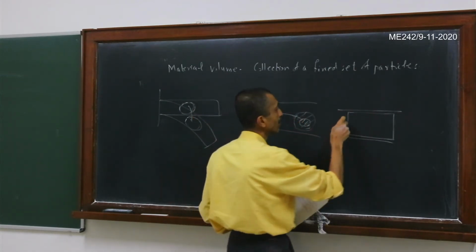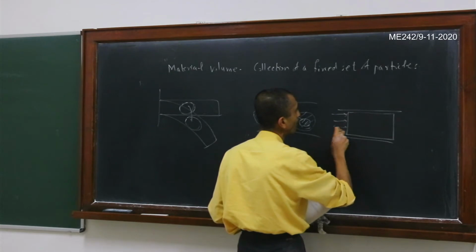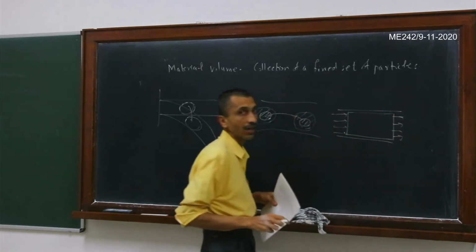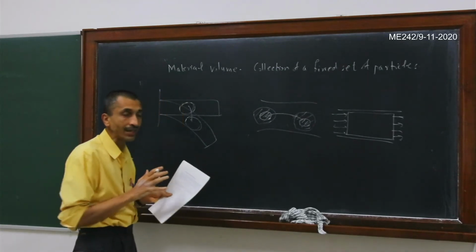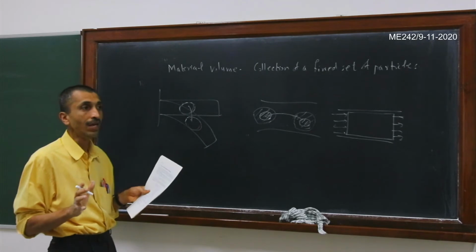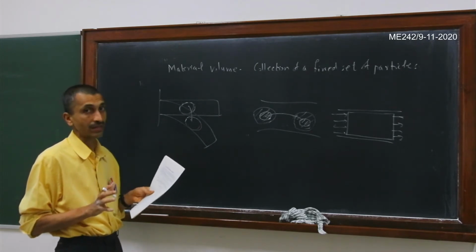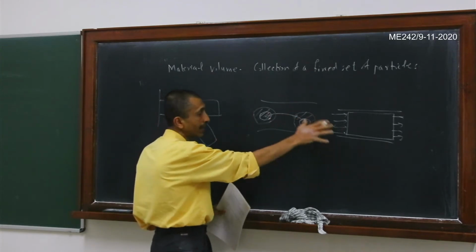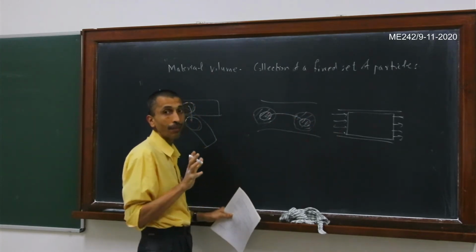So that means we are considering that some flow is entering this control volume, and then some flow is leaving the control volume, right? So something is entering into the control volume and something is leaving the control volume, and this control volume is a fixed region in space, whereas the material volume is not a fixed region in space. So it evolves with time, but it is a fixed set of particles that we are considering.